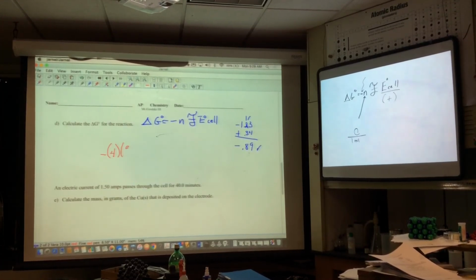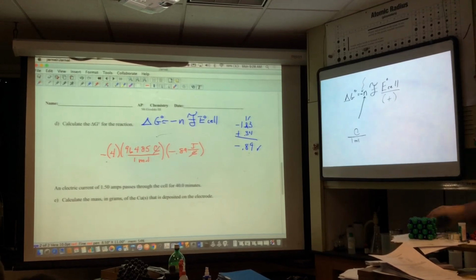Faraday's constant is 96,485, and that, of course, is coulombs per 1 mole of electrons. You don't have to put the units in, really. Negative 0.89 volts, you can just put volts in here. You don't have to put the units, but again, just as an aside, a voltage is the joule per charge that's pushed around, and that's why the coulombs cancel and you get joules per mole.